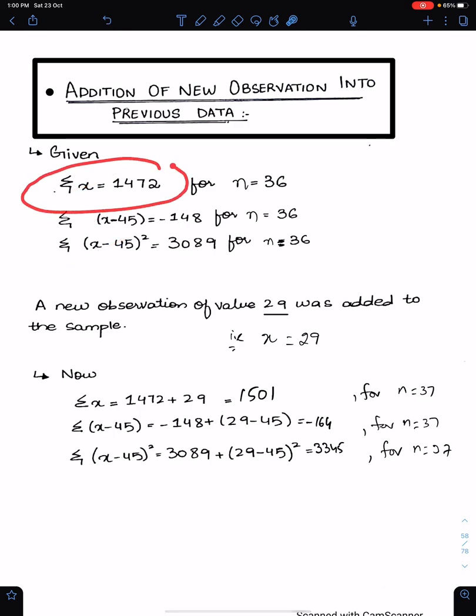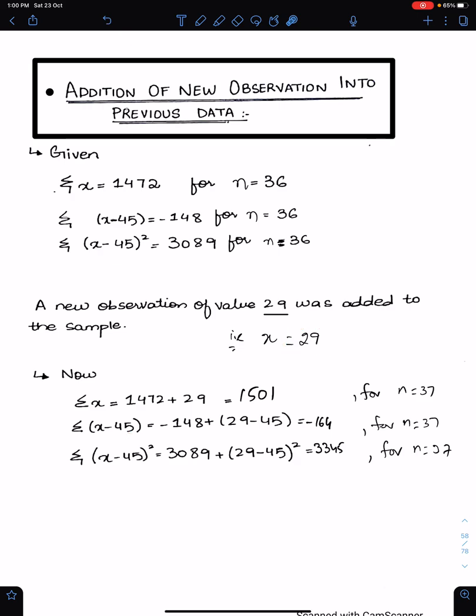So when you add 29 here, you can directly add it here, because this is x. So this is the total for 37 observations, sigma x. But here we cannot add 29 directly into this number. We need to subtract 45 from 29.